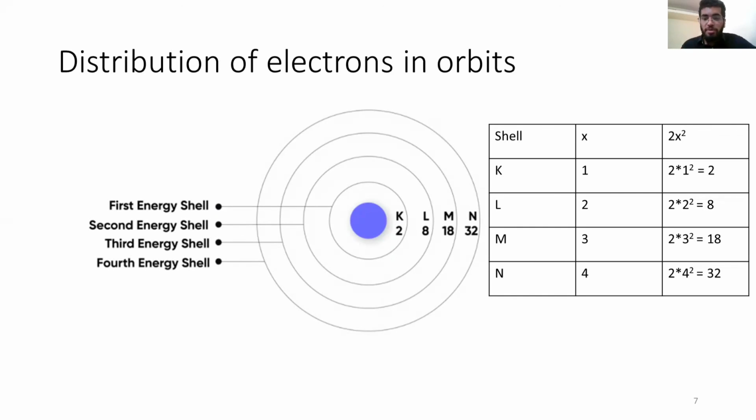As in this table, K, the first energy shell, can have a maximum of 2 into 1 squared, that is 2 electrons, while L can have 2 into 2 squared, that is 8 electrons. M can have 18 electrons, and N can have a maximum of 32 electrons. The theory also states that the maximum number of electrons that can be accommodated by the outermost orbit is 8.